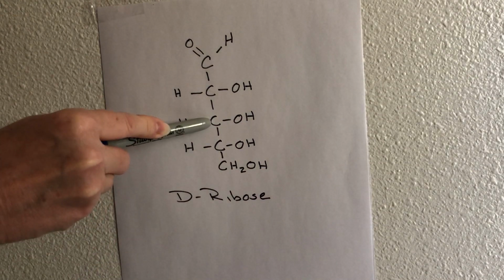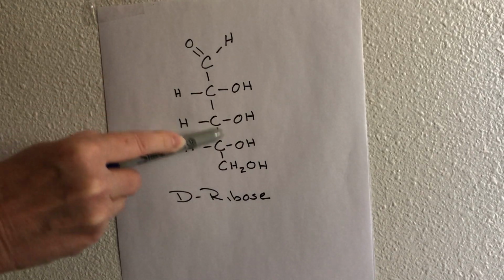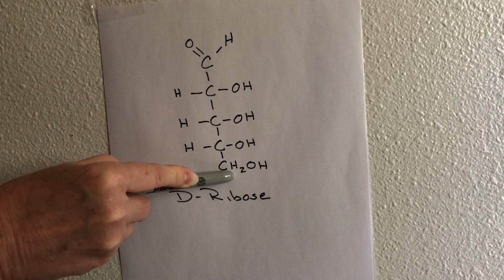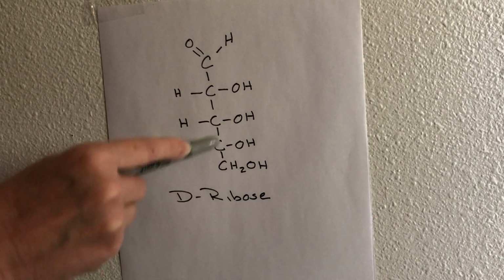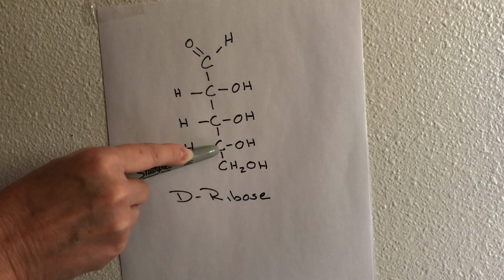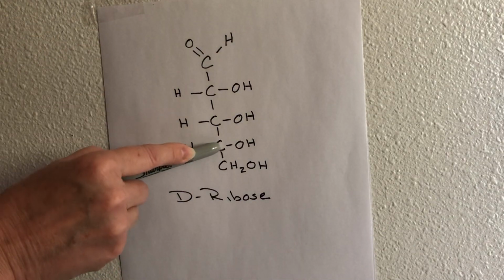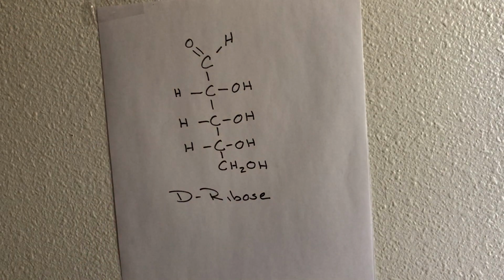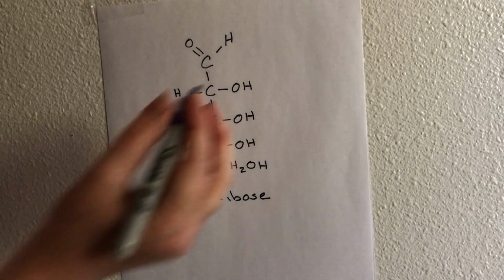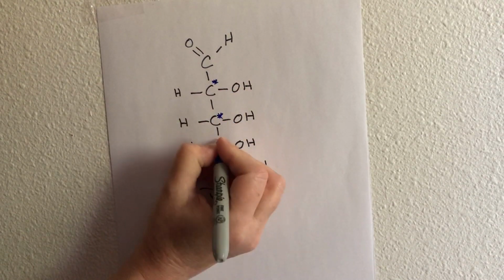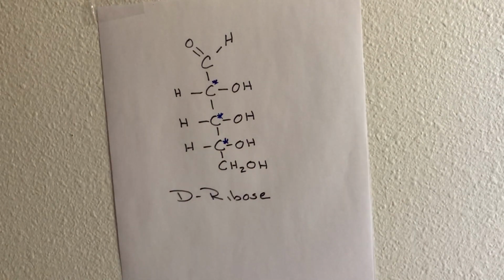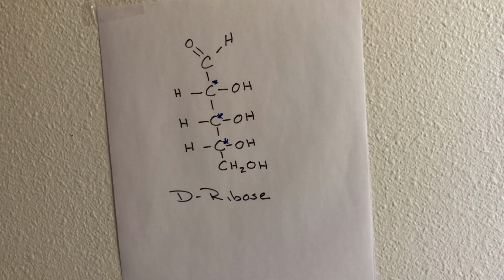He has 2 carbons ending in an aldehyde, 2 carbons ending in not an aldehyde, an O and an H, so he's chiral. And he's got a CH2OH and a 3-carbon chain ending in an aldehyde, an O and an H, 4 different groups. He's chiral. So carbon 2, carbon 3, and carbon 4 are all chiral carbons. Carbon 1 and carbon 5 are not.